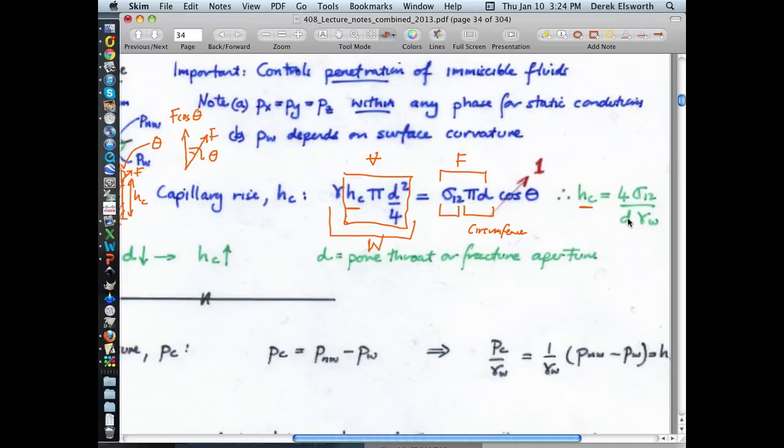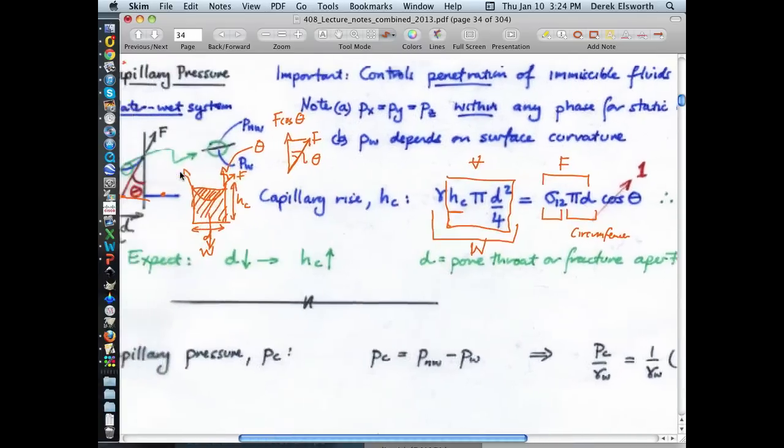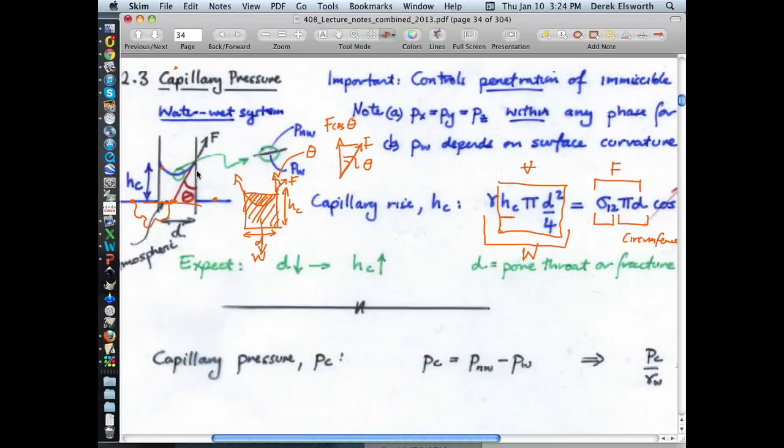Go ahead. Where do we get the cosine of theta? It's because we want to do this. So the force that we're applying is in the direction of this interface, right? So this force is actually aligned. This interface slopes up here, and if you draw this force merely as the extension of this, that's the direction of the force.